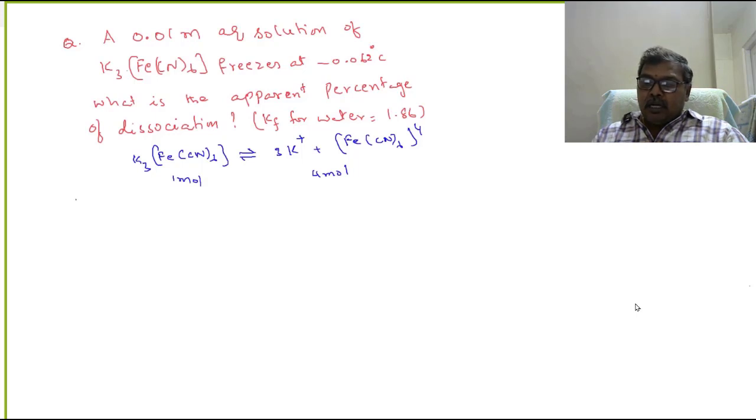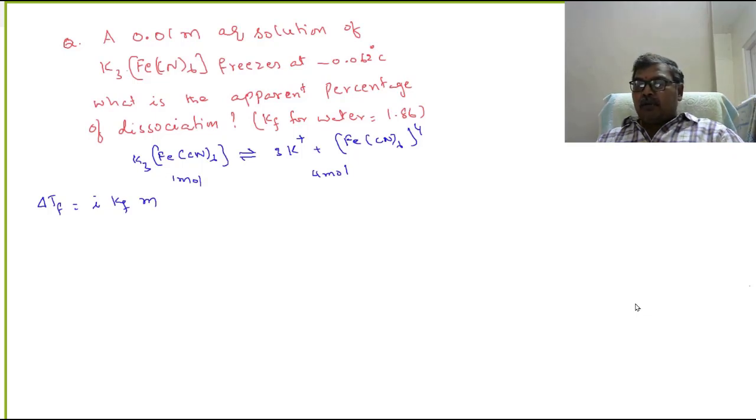Now see, delta TF is equal to I Kf m, right? Now, delta TF, water freezing point is 0.